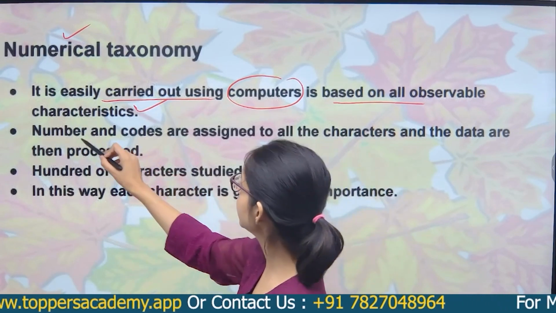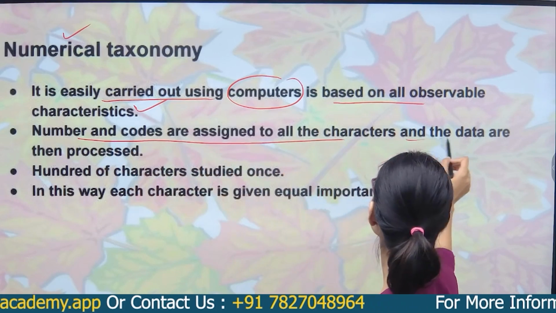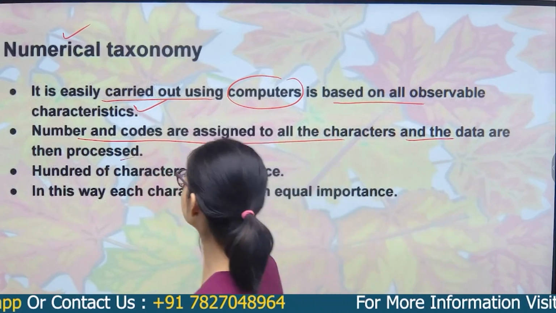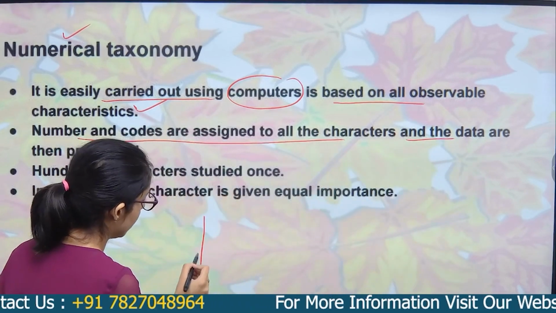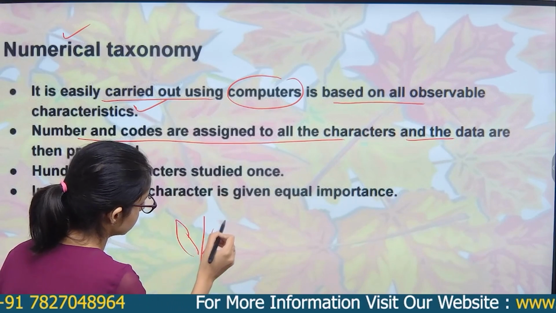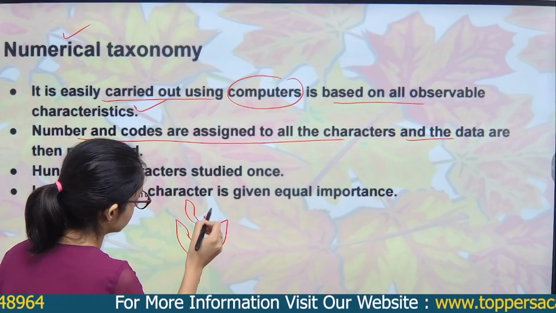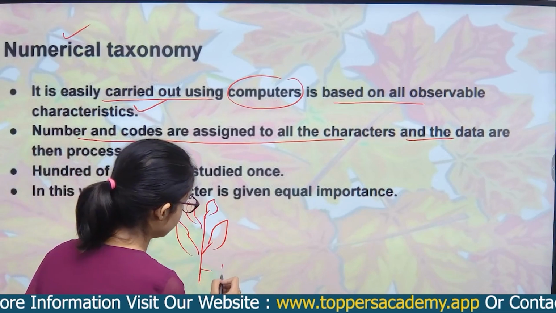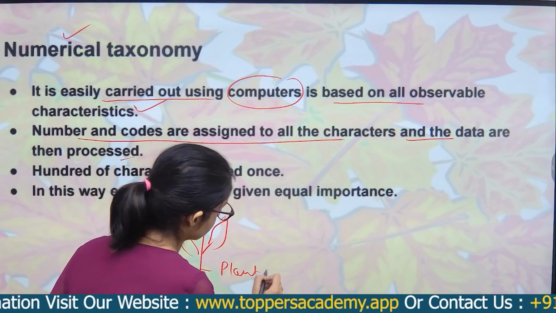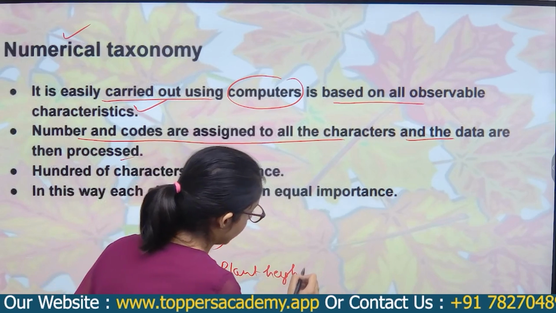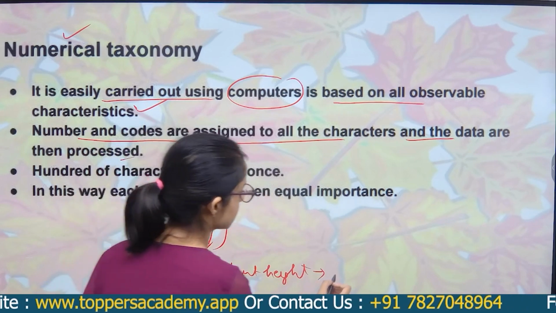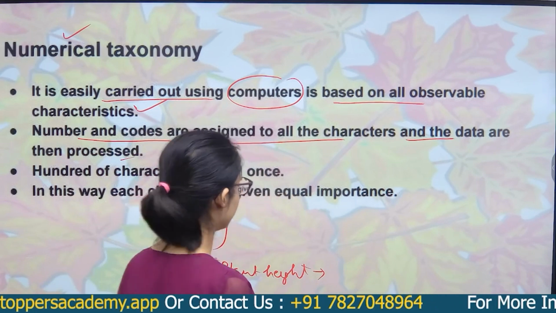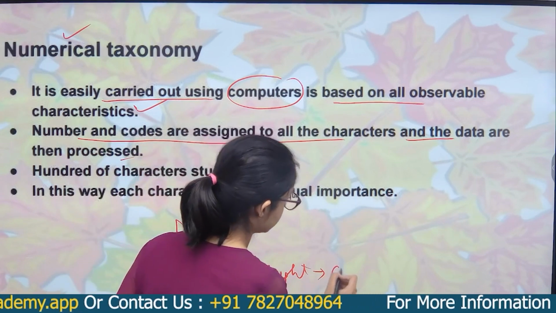Numbers and codes are easily assigned to the characters and the data are processed. Suppose I have a plant, for example, for plant height, I am assigning the code, in computer language, the binary number 0.